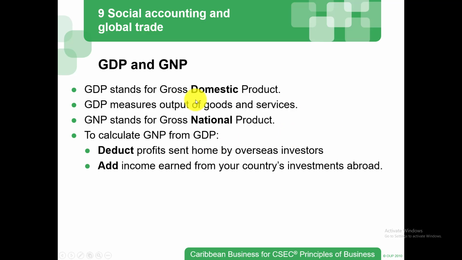So the reason why domestic here is highlighted is because it only talks about everything that was produced, goods and services produced within the borders of the country. No matter who produces it, once it was produced within the borders of the country, it goes toward that country's GDP.